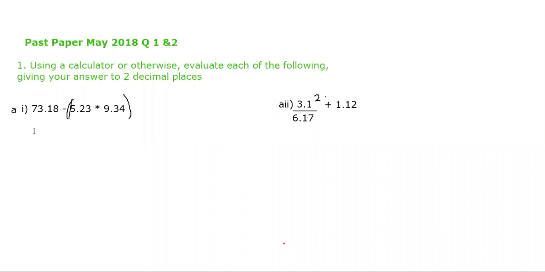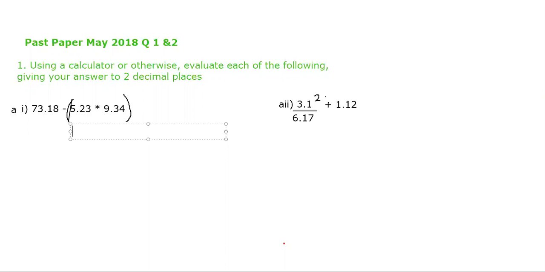So when I put in the calculator, and you can use your calculator for this, 5.23 times 9.34, I get 48.85. So always seek to put your operations to 2 decimal places at least, or even 3, to give a little more accurate response. Good.